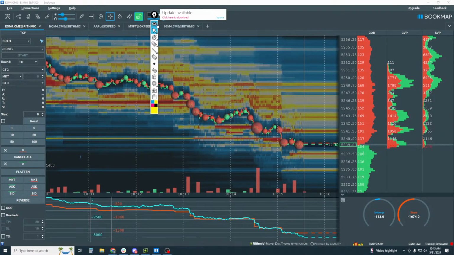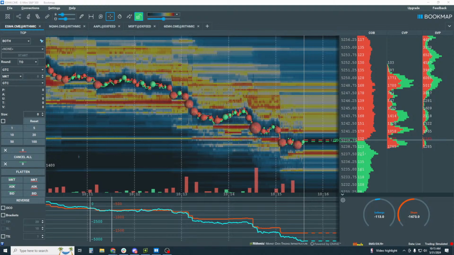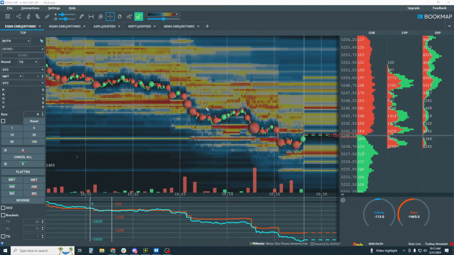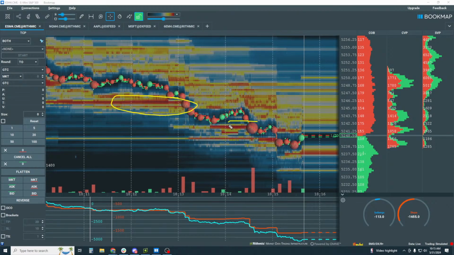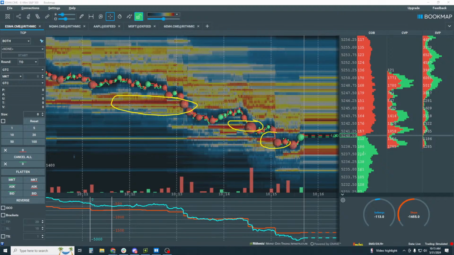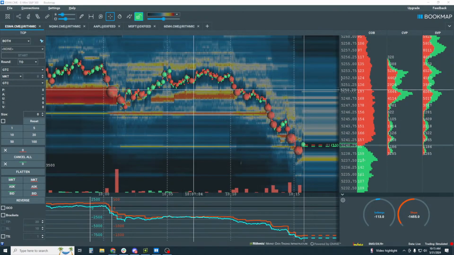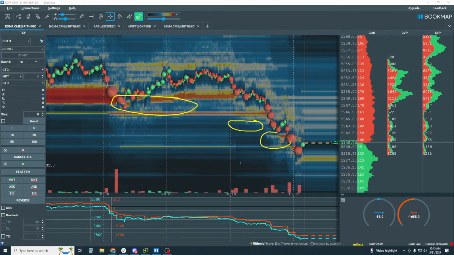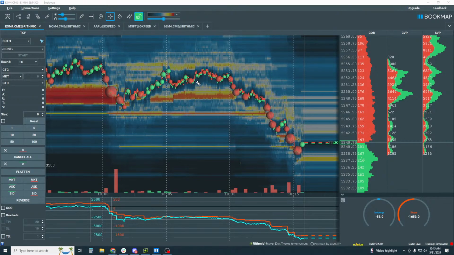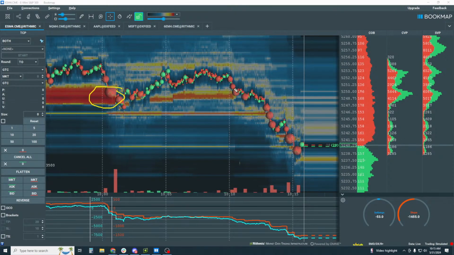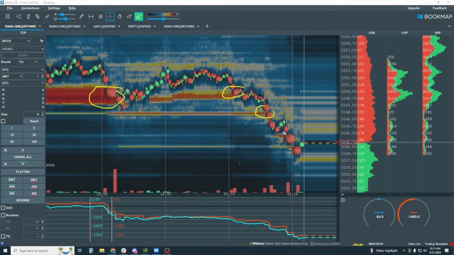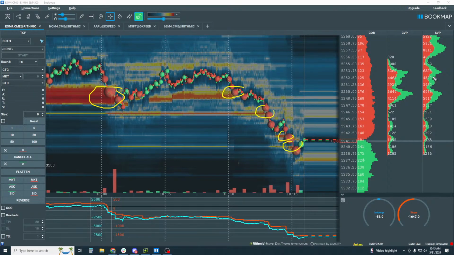Here, let me get the pen tool out. Okay, liquidity here, here, here. Also clearly up in these areas here. Okay, so here, you know, and all the way down now. So these are buyers.